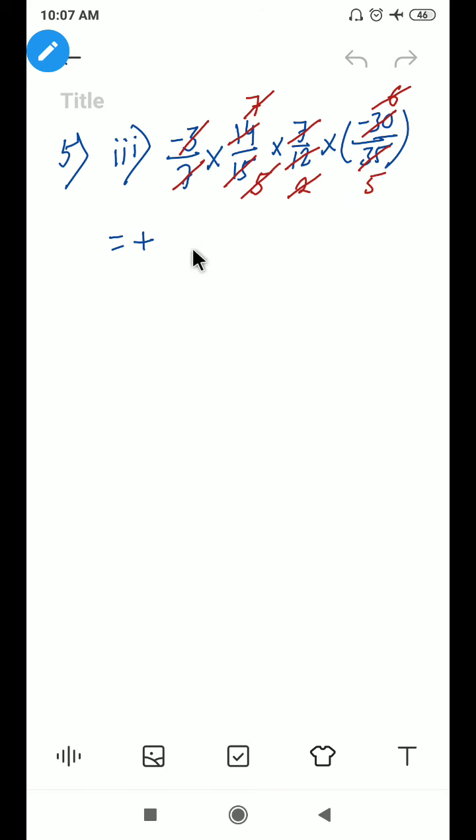Which are left here? In the numerator nothing is left, that means 1 is left here, and in the denominator 5 is left. So plus 1 by 5 is your answer. Clear?